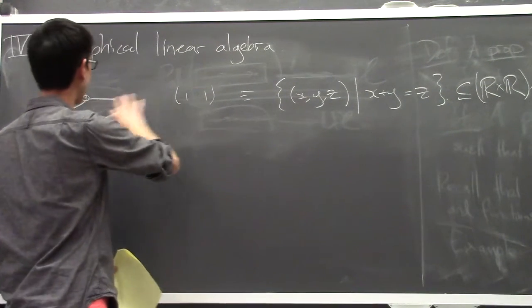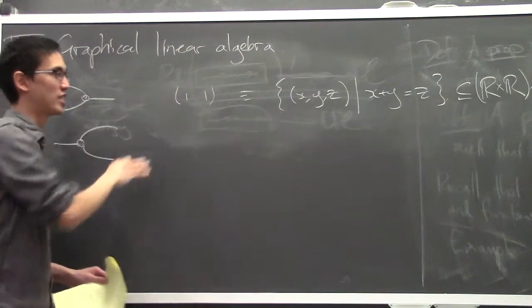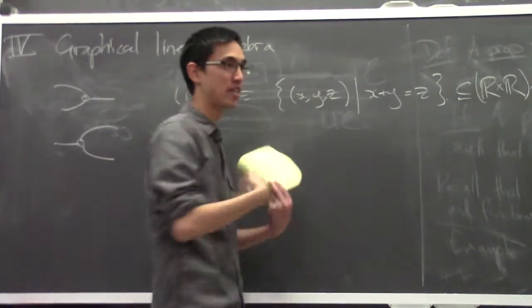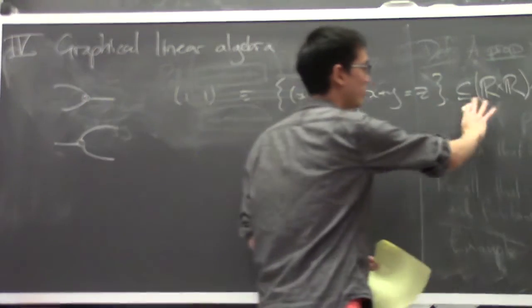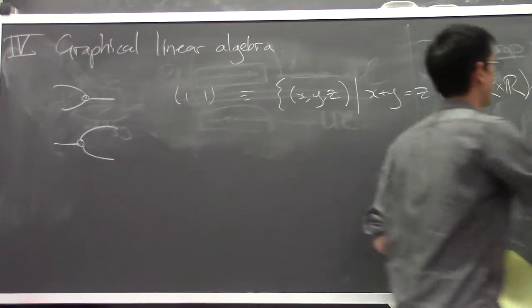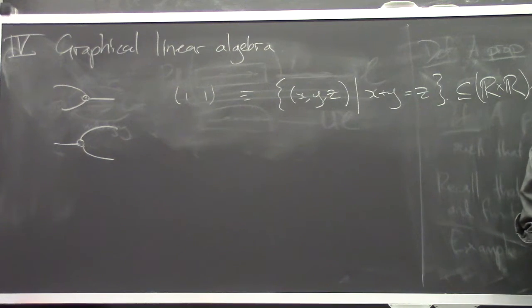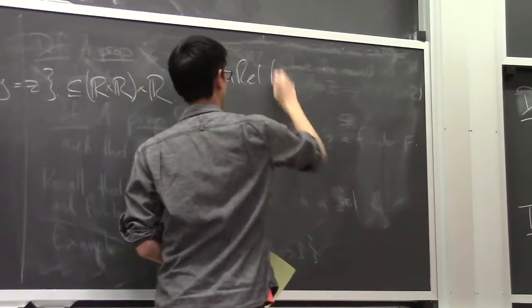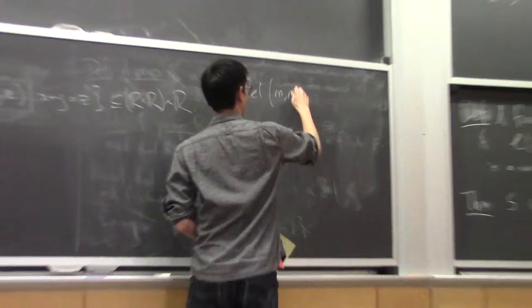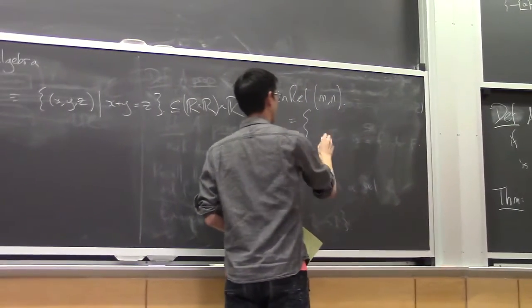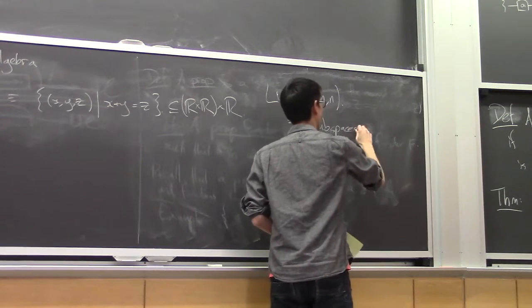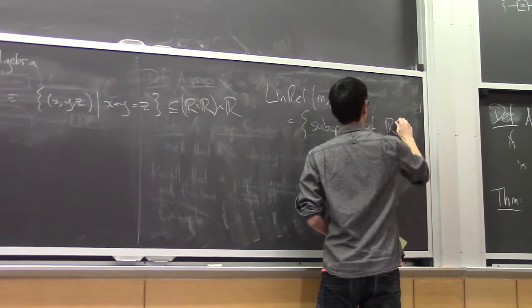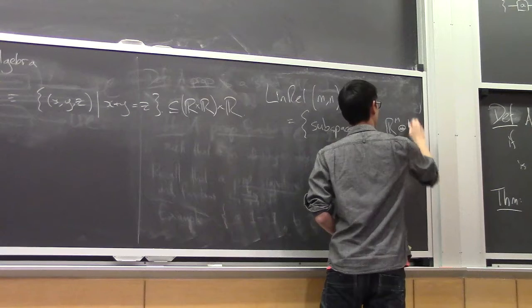So instead of interpreting these symbols as matrices, there's this prop known as the prop of linear relations, where the morphisms, in Rel as a prop, so we need to talk about the morphism from M to N. The Hom set is the linear subspaces of R^M direct sum R^N.